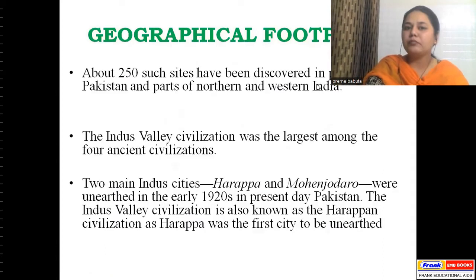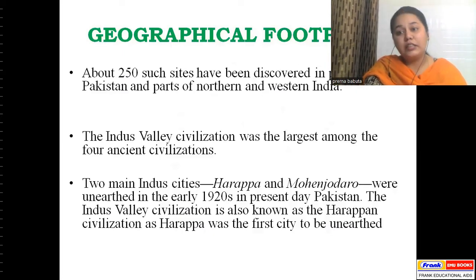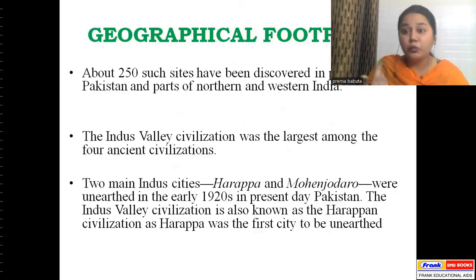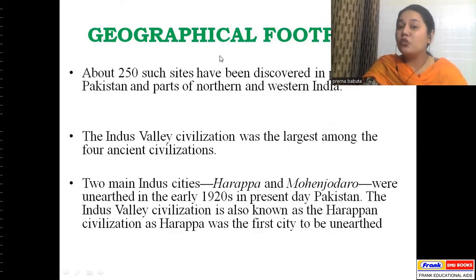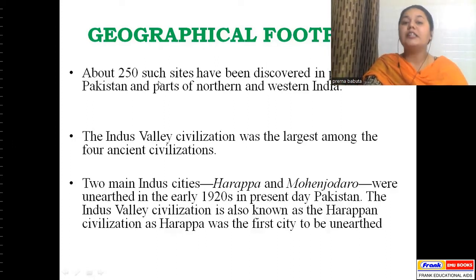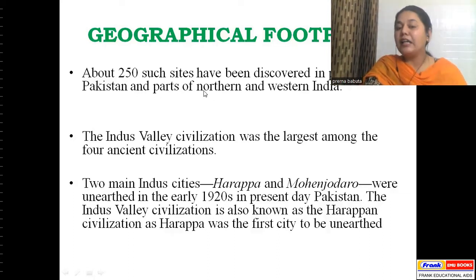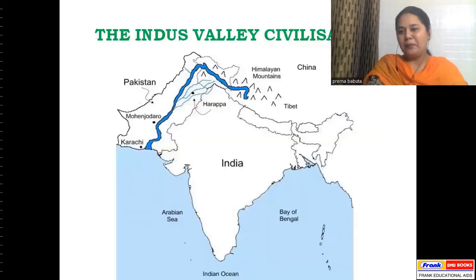Okay. So now we start reading about the Harappan civilization. How do we come to know about the Harappan civilization or the Indus Valley civilization? So, geographical footprints. About 250, remember this number, 250 such sites have been discovered in present day Pakistan and parts of northern and western India. So why did I show you this map?